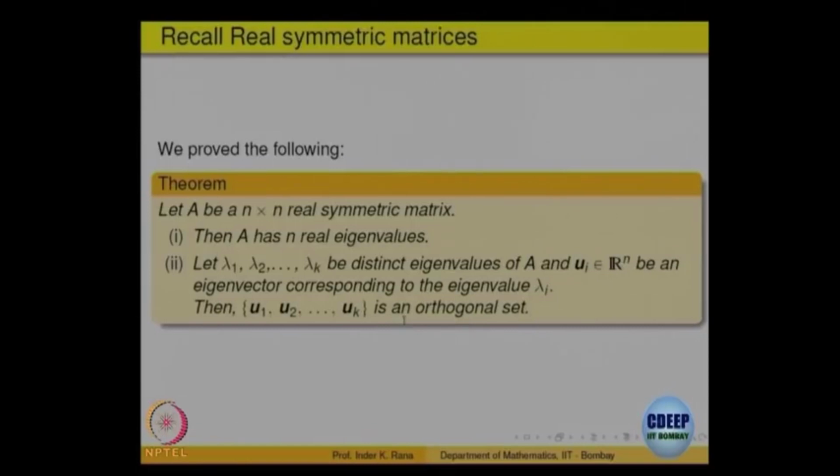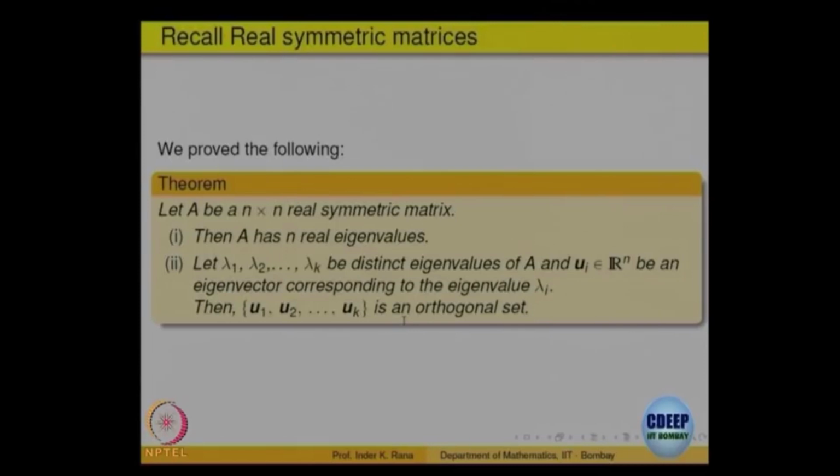So, basically saying that for a given matrix, the eigenvectors are linearly independent for distinct eigenvalues. If it is a real symmetric matrix, then the eigenvectors corresponding to distinct eigenvalues are also orthogonal.